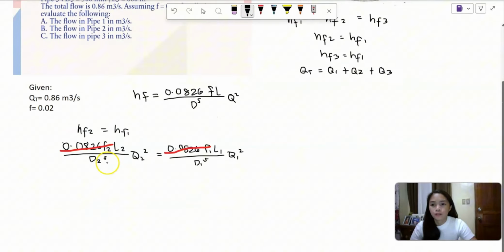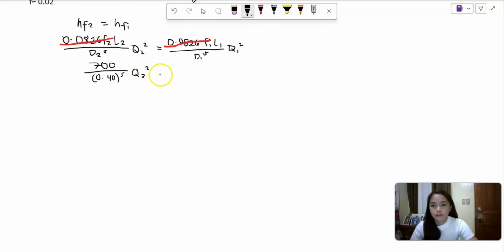So we have 700 over 0.40 raised to 5, then Q sub 2 squared is equals to the length in pipe 1, which is 800, over 0.45 raised to 5, Q sub 1 squared.